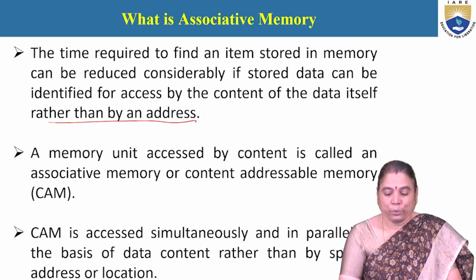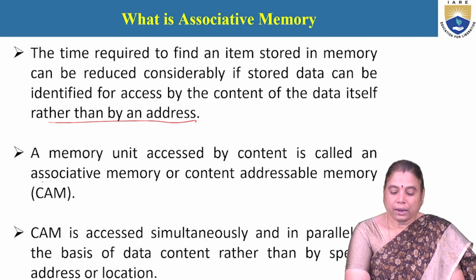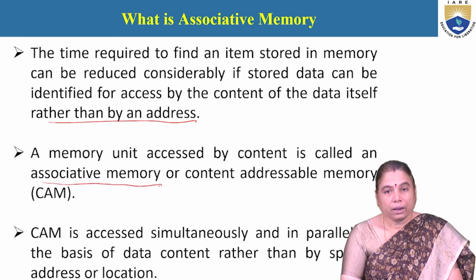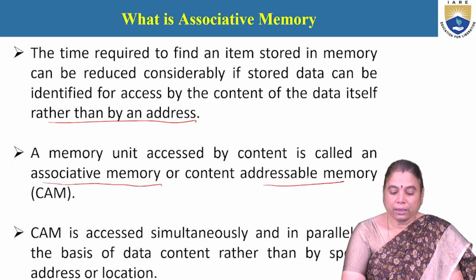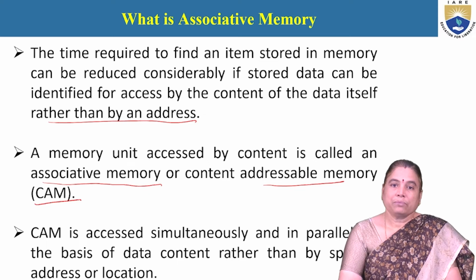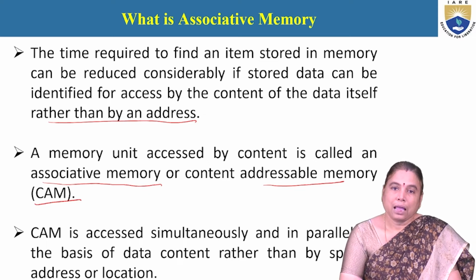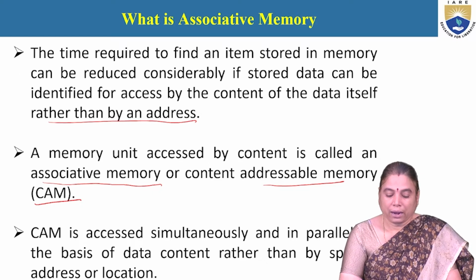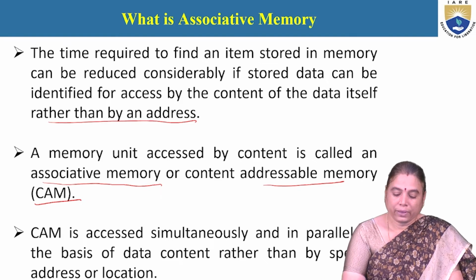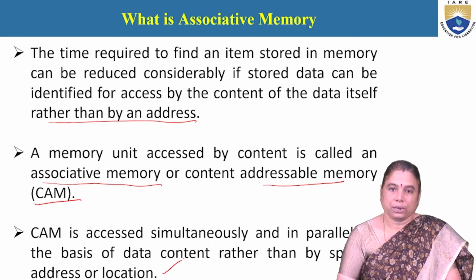A memory unit accessed by content is called an associative memory or content addressable memory, CAM. These memories can be accessed with the help of content rather than by the memory address. CAM is accessed simultaneously and in parallel on the basis of data content rather than by specifying address or location.